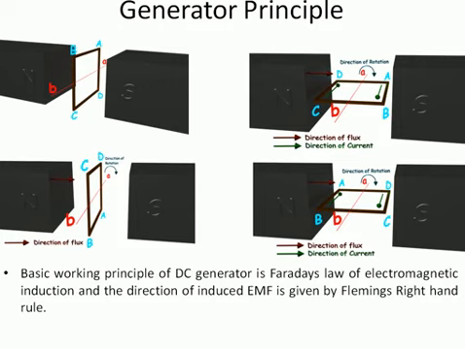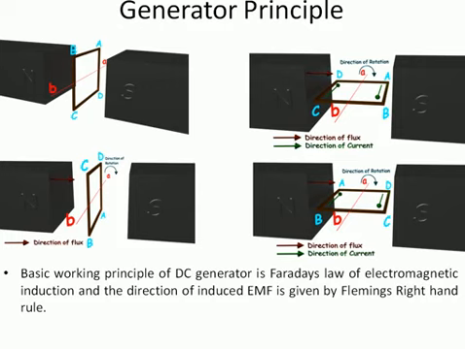Now let's see the direction of induced EMF, or the direction of induced current in the coil. In the case of a generator, the direction of induced EMF is given by Fleming's right hand rule. This also you have studied in your plus 1 and plus 2 classes.